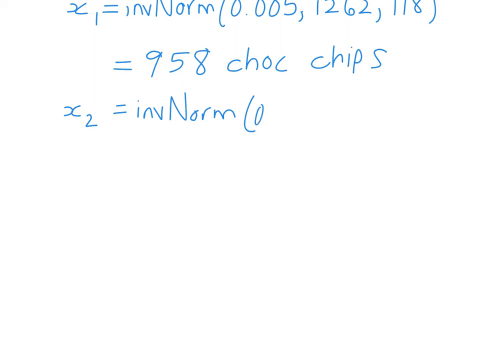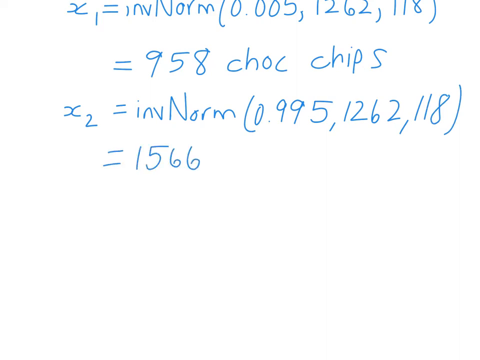And then we end up with 0.995. Then we have our mean, standard deviation. So plug that into our calculator, and we get 1,566 chocolate chips. So the number of chocolate chips in a bag that make up the middle 99% is 958 and 1,566 chocolate chips.